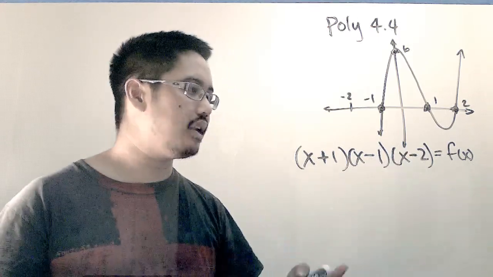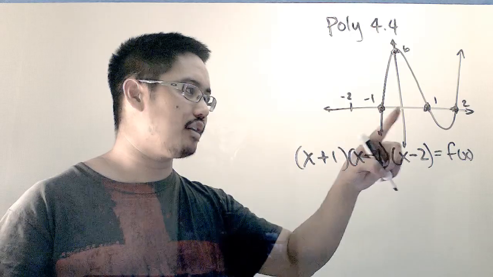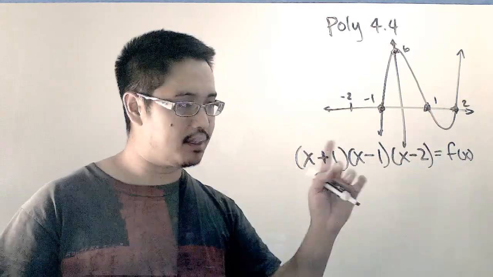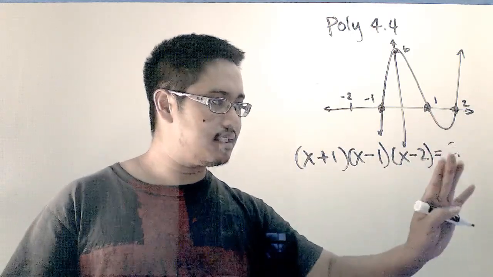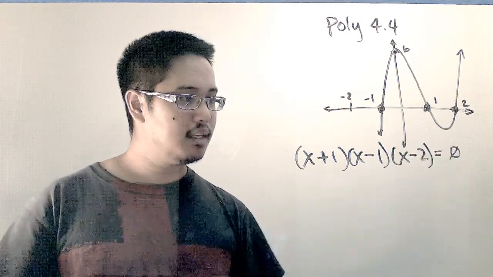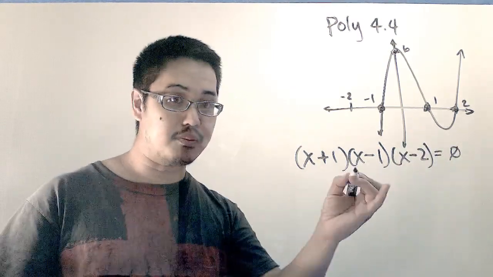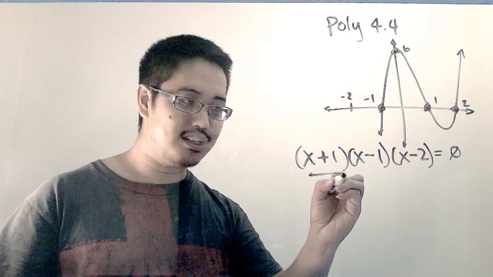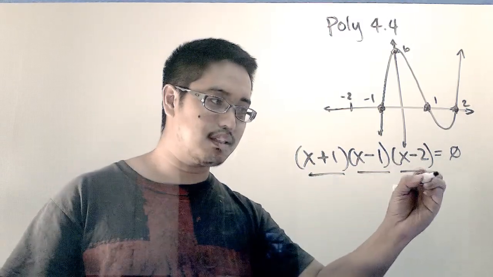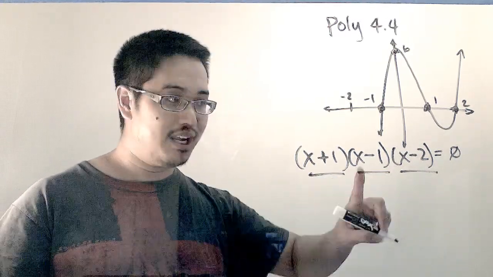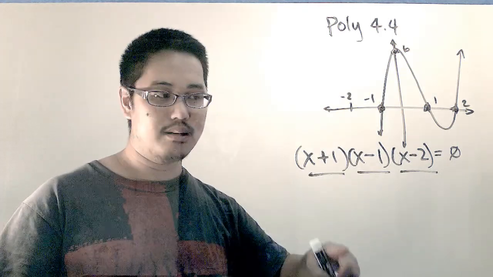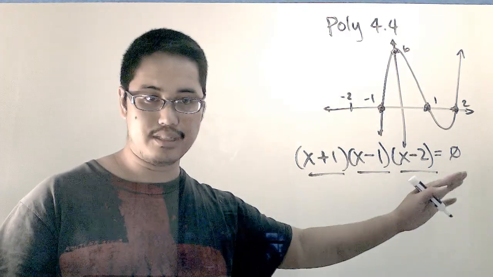Now you're thinking, well, why did he do the opposite? It's -1, +1, +2. Well, remember, if I said that this is equal to 0, then since this is multiplying by all of these other ones, either this is 0, or this is 0. Because if this first one is 0, it doesn't matter what everything else is, because 0 times anything is still 0.